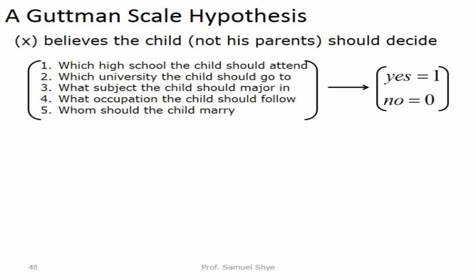And finally, whom should the child marry? If you believe that the child should decide any of this, you get a score of 1. If you believe that the parents should decide it, you get a score of 0 on that item.